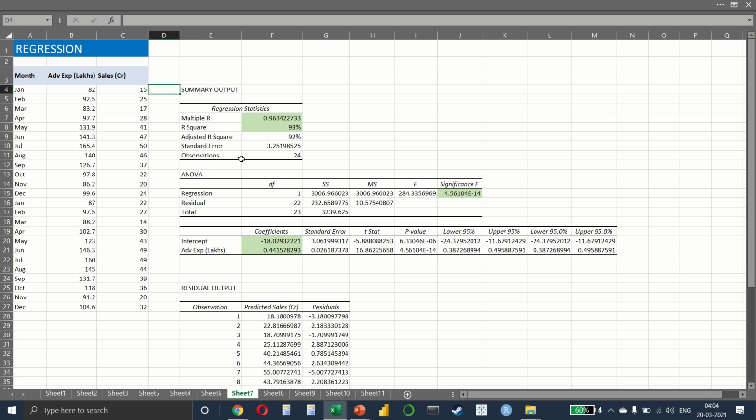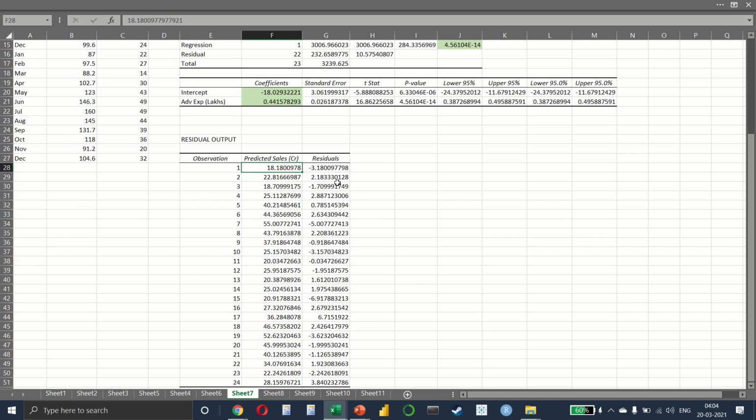I'm sorry, 15, if I say equal to 0.4415 multiplied by 82 minus 18, it gives me 18.18, which is here. And the 3.18 is nothing but the residual, that is the difference between my actual sales and my predicted sales.